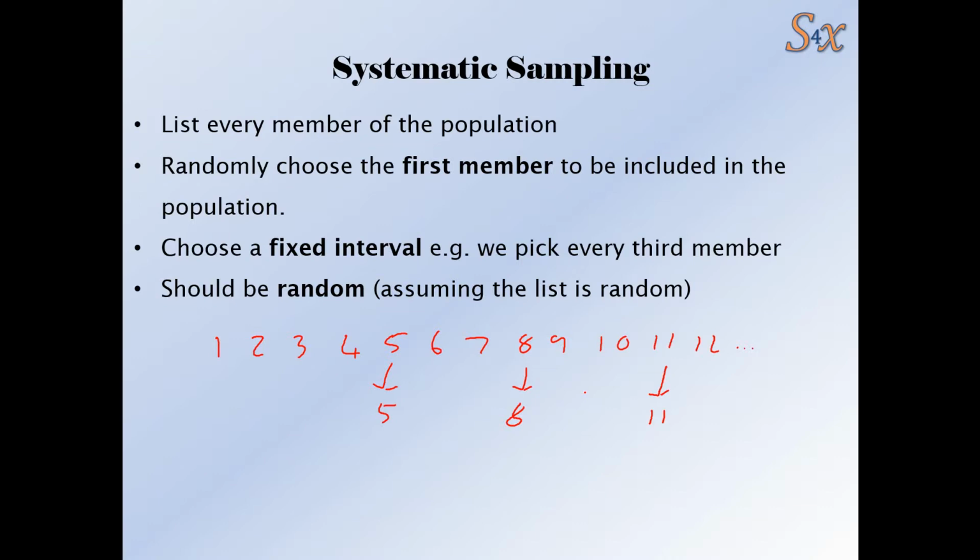Maybe on the street we're sampling from, every third house is a detached house instead of a semi-detached house or something like that. We can introduce bias by that, and our survey results might say all the houses are detached, but actually it's just because of the way we sampled it. So we have to be careful we don't introduce bias. Really, we need to make sure our list itself is unbiased.